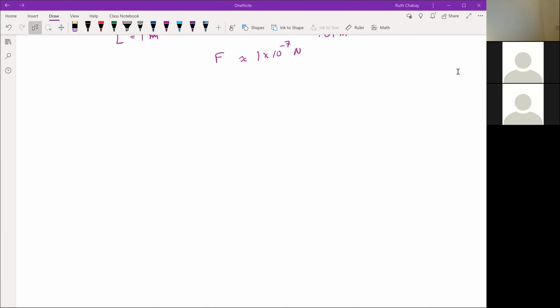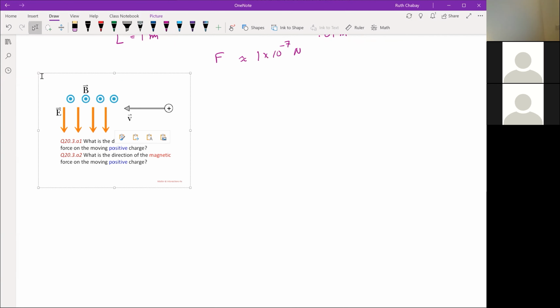So I want to talk a little bit about what happens if there are both electric and magnetic fields in a region. So we'll consider this situation where we have not only a positive charge moving to the left, we have an electric field down, and we have a magnetic field out of the page.